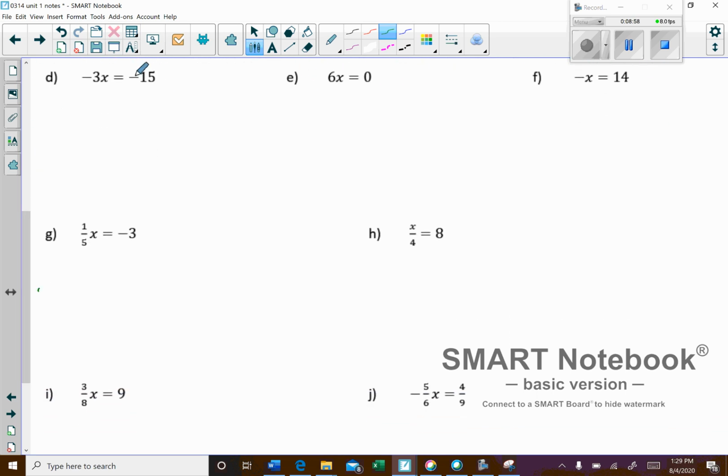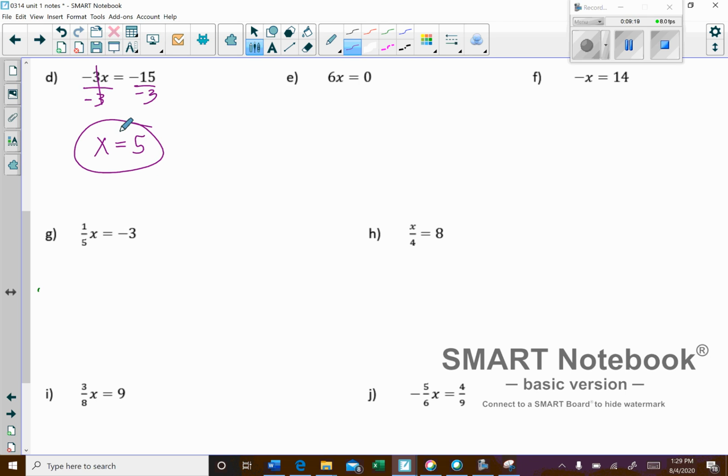Okay, looking at D, we'll go ahead and divide both sides by -3. In this particular case, I have a negative divided by a negative, so I'm going to end up with a positive. So 15 divided by 3 is 5.